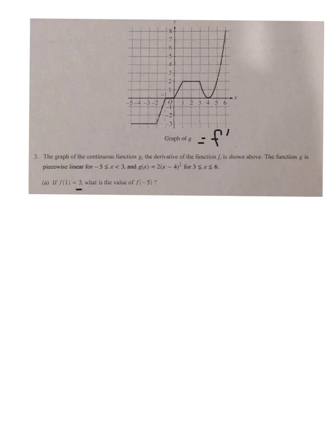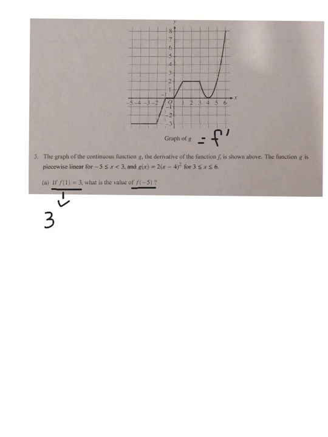Part A gives you f of 1 is 3, so that's like an initial condition. And they want the value of f of negative 5. Well, we know at f of 1, we are at 3.